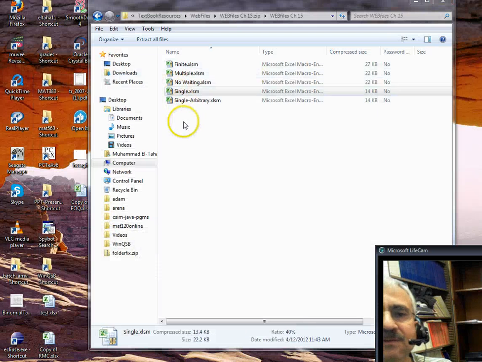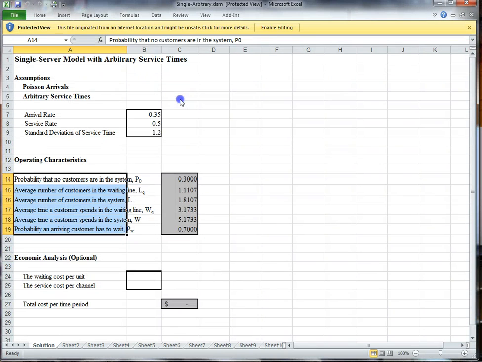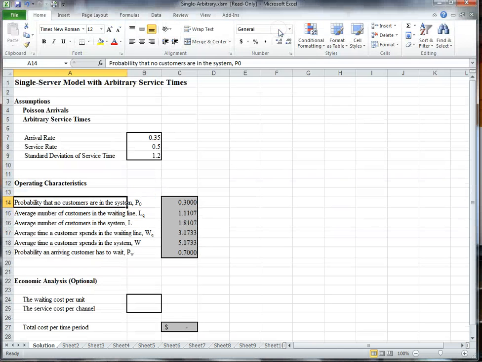So if I go to, say, this is single server, this is again single server but an arbitrary system, and the only difference, we have to enable editing here, is that I need the service rate and I need the standard deviation. So this usually would be given the mean and the standard deviation of the distribution, which can be anything.